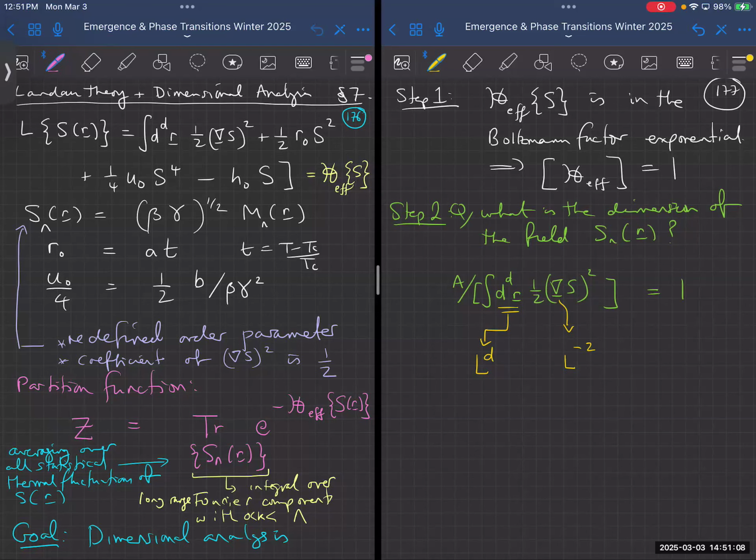And then we have s squared, whatever the dimensions of s are. So this times this is equal to 1. And so we can read off that the dimensions of this field are L to the power 1 minus d over 2. So that's the formal dimension in these units of the field itself.